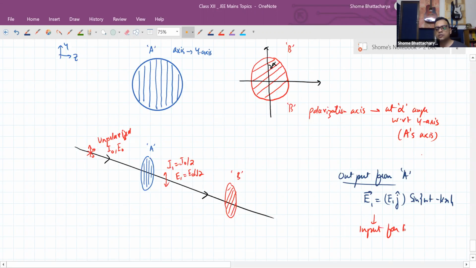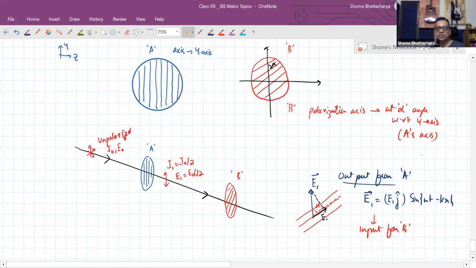Now what B does, when this electric field, which is along the y-axis, is put into this filter? This is the axis of polarization. So now which component will survive? This component will survive.